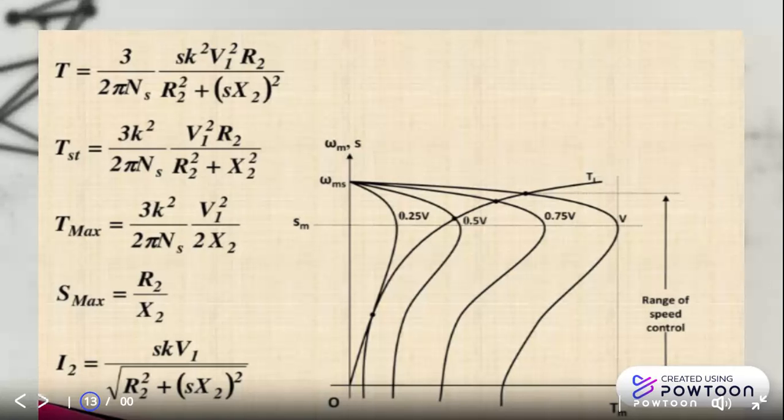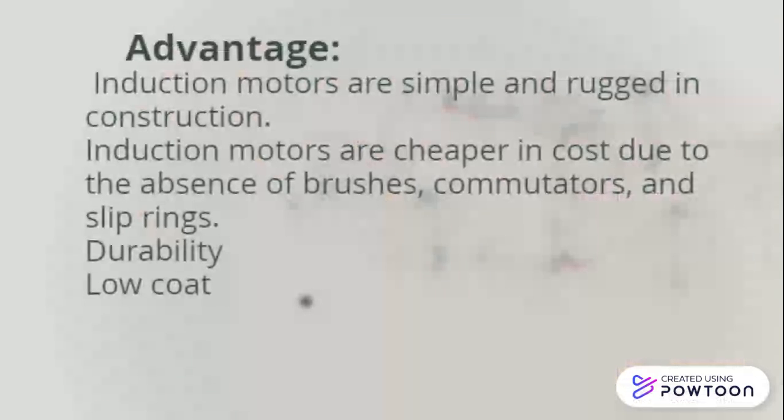Some applications are fans, pumps, etc. This method enables speed control below rated speed because the supply voltage cannot be increased beyond the rated value. As the voltage is decreased to decrease speed, the slip increases, hence the efficiency of the motor is very low at low speed.